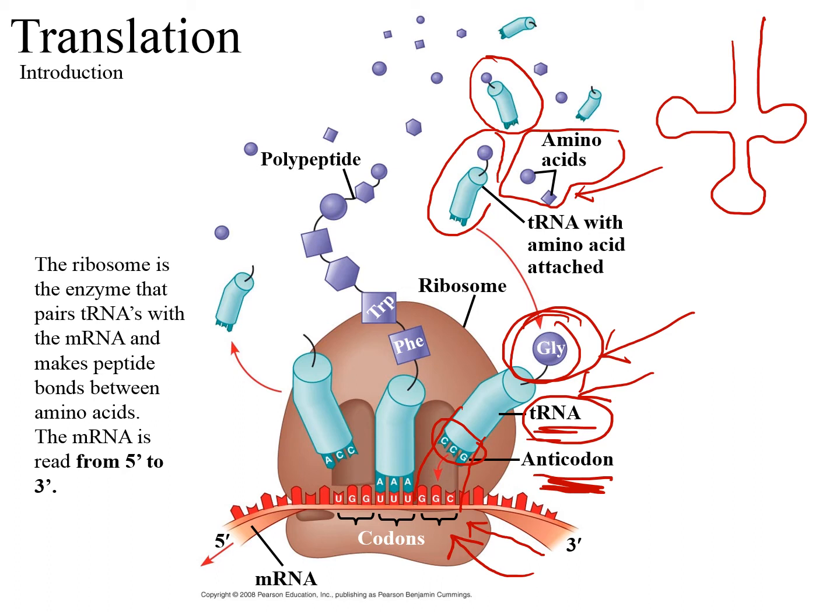Let me see. Is there anything else I wanted to mention? Right. This is the growing polypeptide. And essentially what's happened is each of these tRNAs will bring an amino acid, and the ribosome will then catalyze the formation of a peptide bond between neighboring amino acids. The transfer RNAs leave, and they don't have their amino acid anymore. They can be reused.